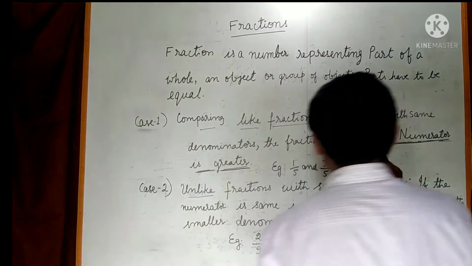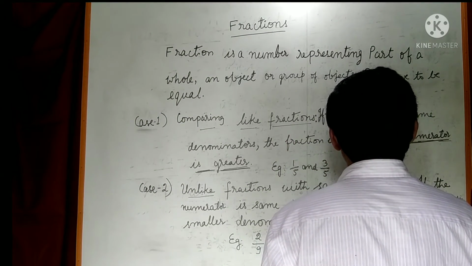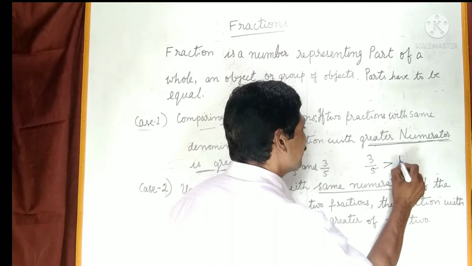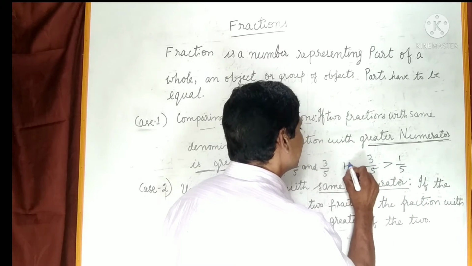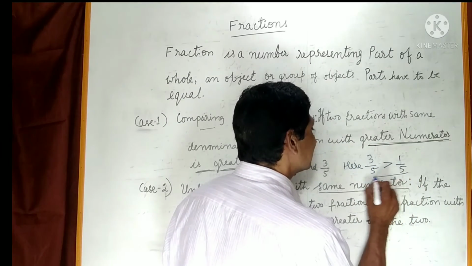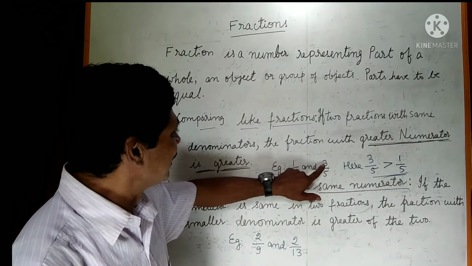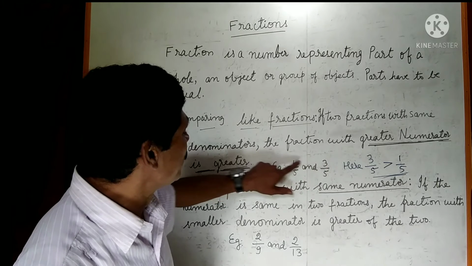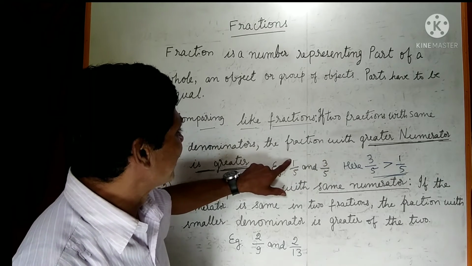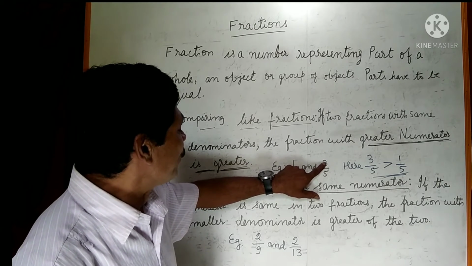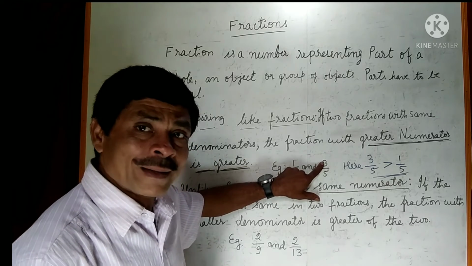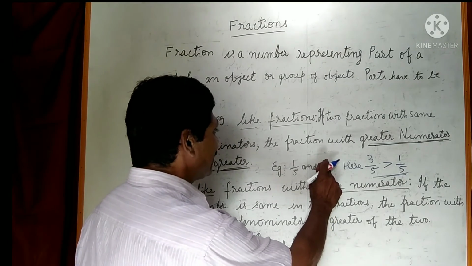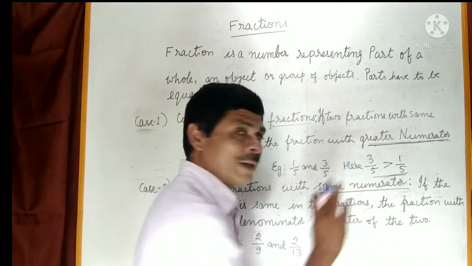We can write 3 by 5 is greater than 1 by 5. Okay? Because in like fractions, denominators will be same and the numerators are different. So that we have to see which is having the greater numerator, that is the greater fraction. Okay? So that 3 by 5 is greater than 1 by 5.